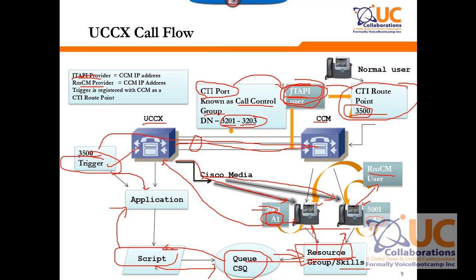Press 1 for sales, 2 for support." Assume you press 1 for sales. Sales will be pointed to a sales queue, and the sales queue will be pointed to a resource group called sales, where an agent might be logged in. As soon as they are available, the call goes to the agent. If they're not available, the call remains in the queue for X number of minutes. So that's the contact center call flow.